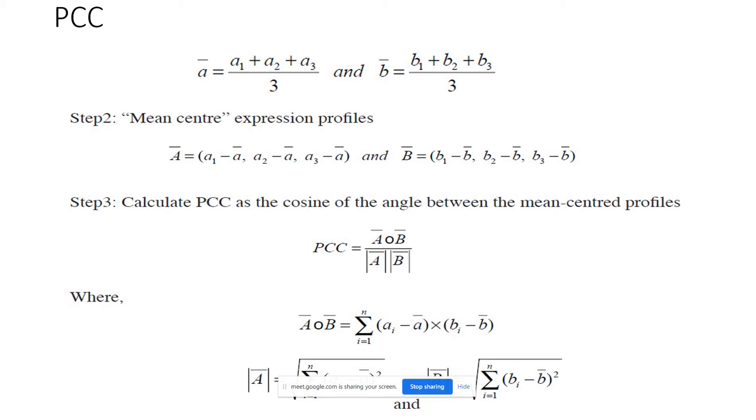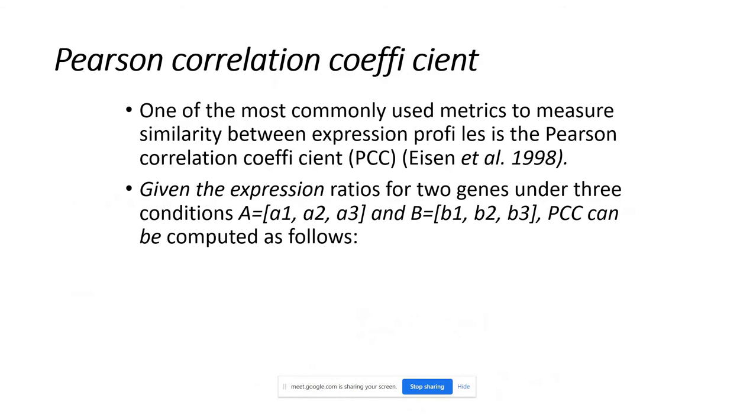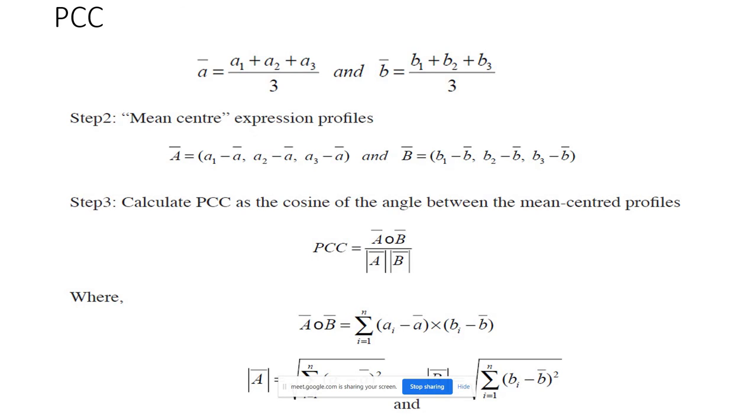B1 plus B2 plus B3, so we are adding up all these values from the three conditions, divided by 3. We are comparing the expression profiles for the two genes under three conditions, A1, A2, A3, and for B, B1, B2, B3. Is it clear? So this is step 1 that we have discussed.